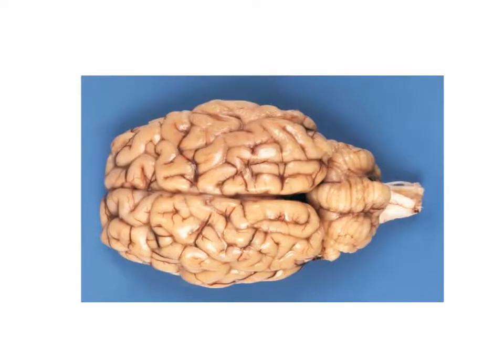So first let's take a look at a superior view of a sheep brain. So we're looking at the brain as if we're looking down from the top down. The first area we're going to point out is the division known as the cerebrum. So the cerebrum is this whole area right here. You'll notice that there is a long kind of ravine that goes in between the two halves of the cerebrum.